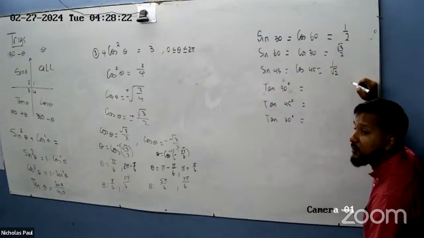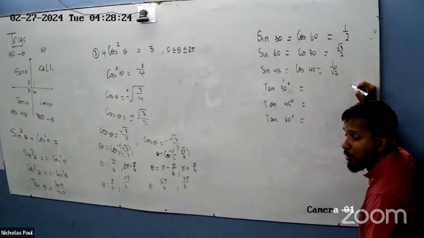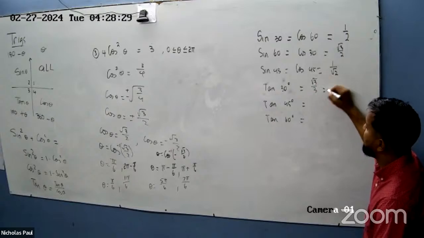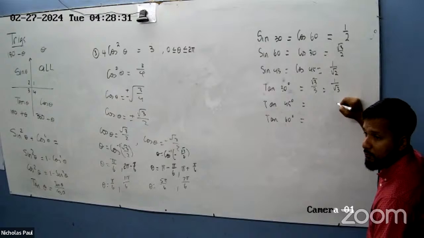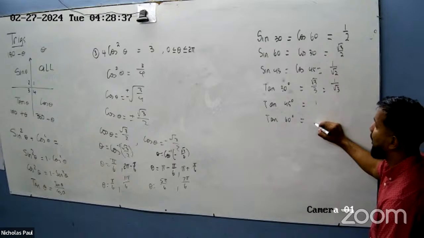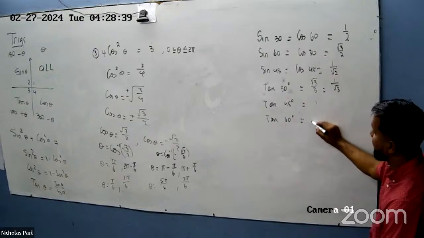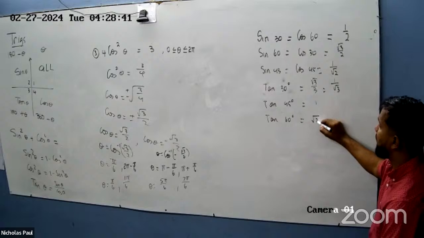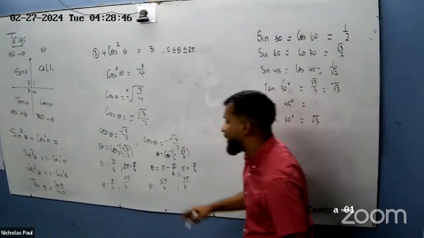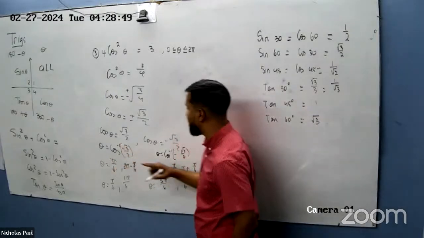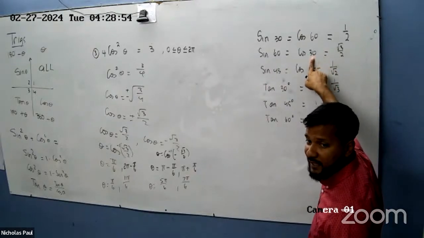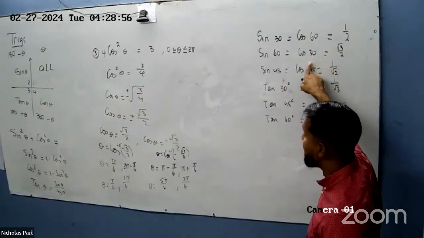Tan 30 is how much? Root 3 on, which is the same as 1 on root 3. Anyone can work it out, right? Tan 45 is 1. Tan 60 is root 3. So people without the Casio, you have to learn this. Okay? Because when they come here now and you see cos inverse root 3 on 2, you have to know that you will get 30 as the answer or pi on 6. Okay, you have to know those values.